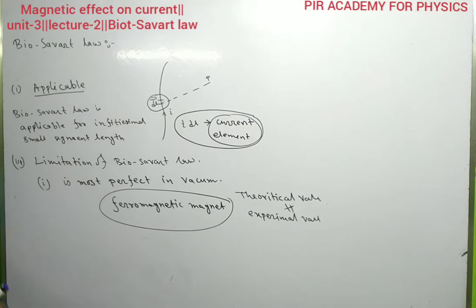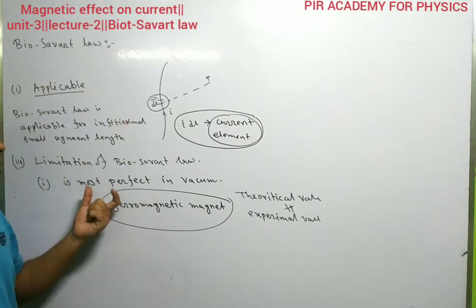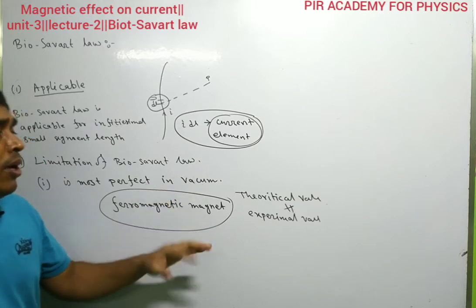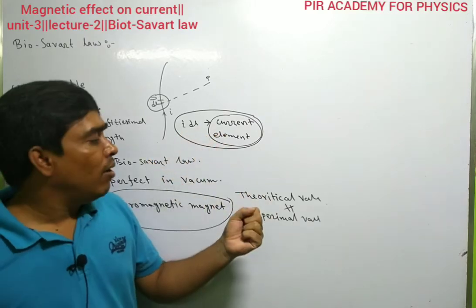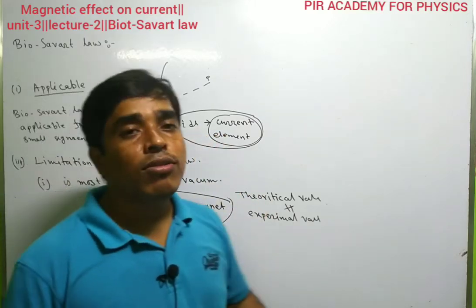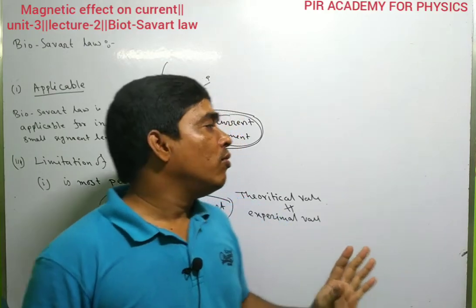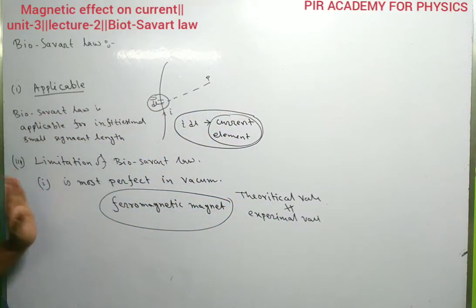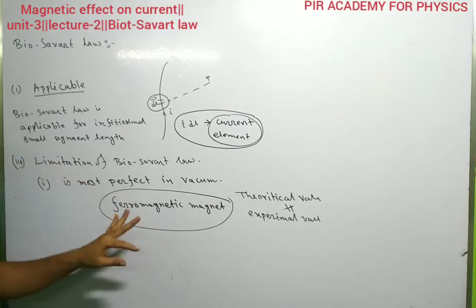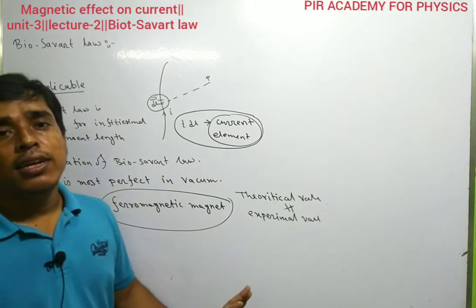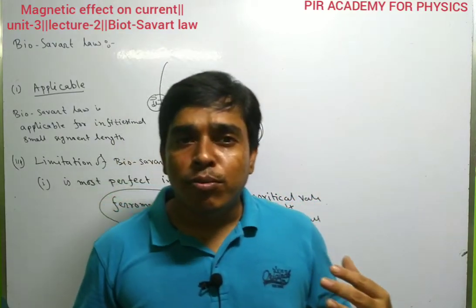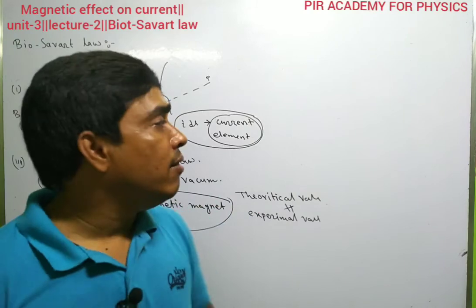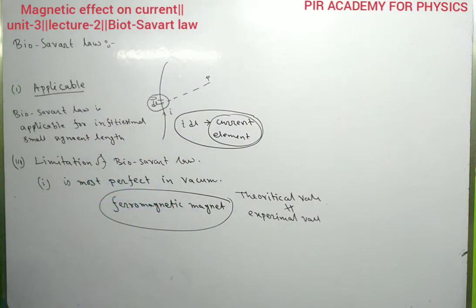So Biot-Savart law is applicable, or most perfect, in vacuum. When it is used on a ferromagnetic material, the calculated value and the experimental value do not match and differ slightly from each other. This is the limitation of Biot-Savart law.